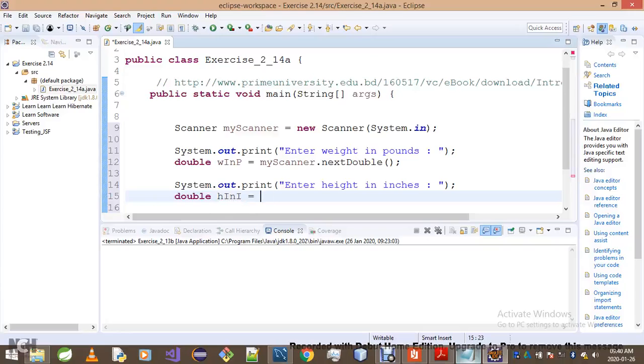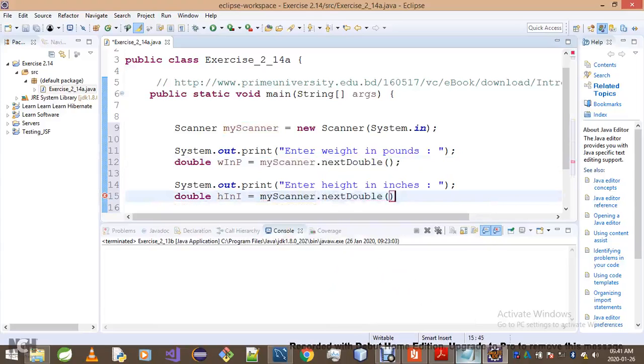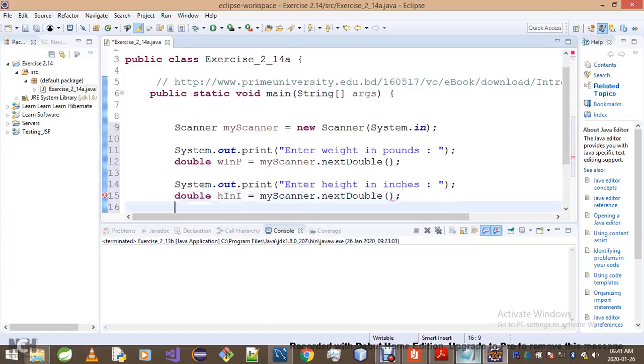Again, of course I could simply copy and paste this line, but I don't want to, because copying and pasting is a bad practice when it comes to programming.